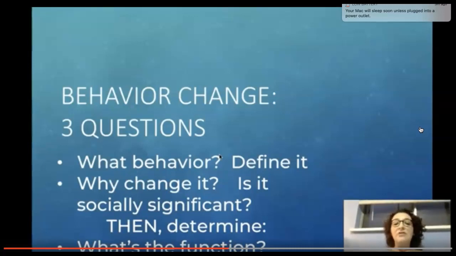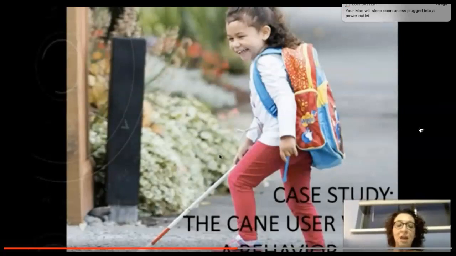So when we look at behavior change, we need to ask ourselves, what's the behavior? We need to define it operationally. Why are we changing it? Is this change important to the student? And we also need to determine through assessment, what are those functions?